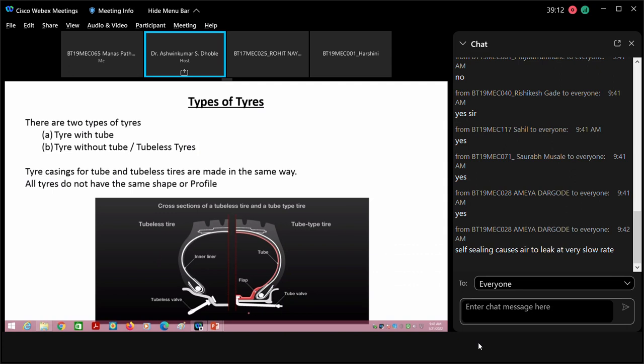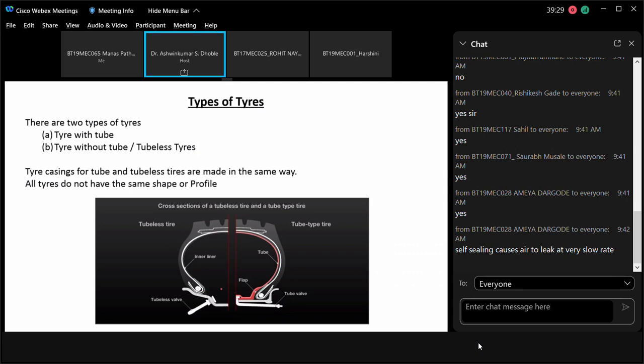If you see this clearly, this is basically the sealing. This is the tube which is fitted, and this is the tubeless tire. You have to have the complete profile sealed, otherwise there will be a leakage.